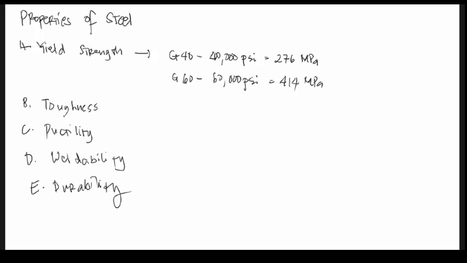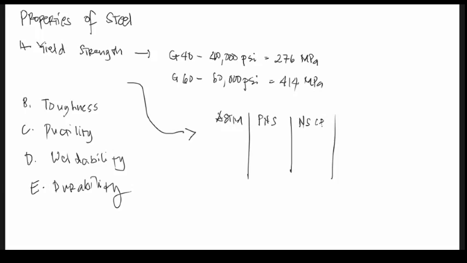In commercial, ang mahalaga lang naman dito yung yield strength. So, dito tayo magfo-focus. In commercial, meron tayo ditong ASTM na ginagamit na code. Also, we have the PNS or the Philippine National Standard and the NSCP. So, sa ASTM, meron tayong grade 33, grade 40, saka grade 60.